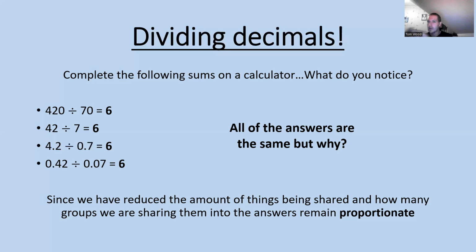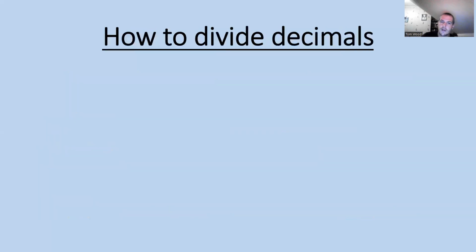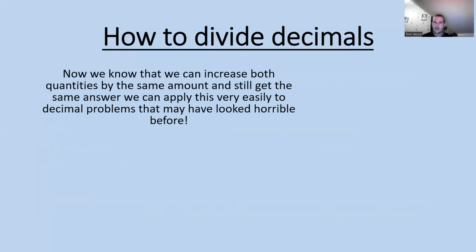The answer will still be 6. So it's an advantage to us, because we know that we can increase the quantities by the same amount or decrease them. It can make some of these horrible looking decimals look very, very nice.